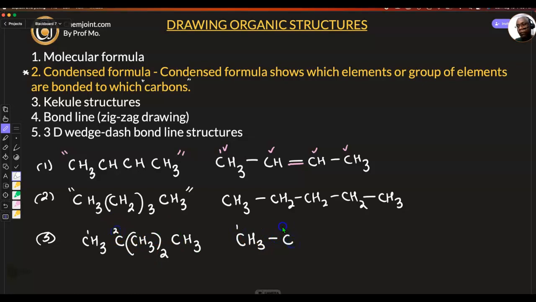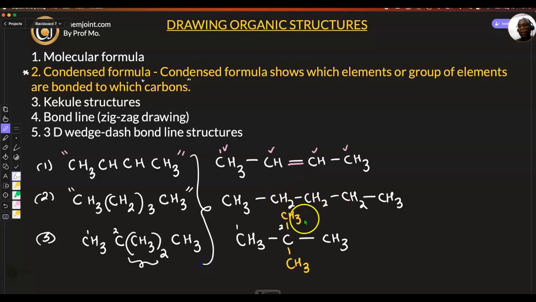That CH3 is bonded to carbon 2, and that carbon 2 carries the CH3s in parentheses, and then we continue with our chain CH3, giving you a branched structure. So these are representations of condensed formulas.